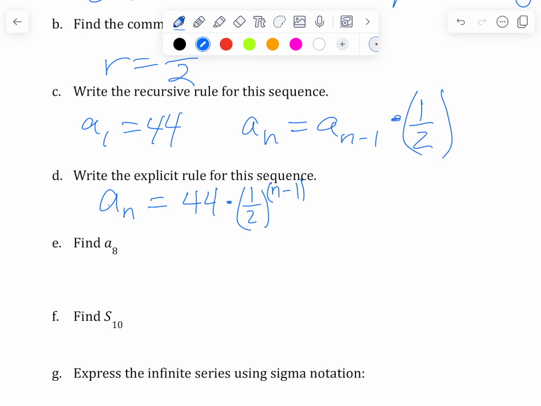To find a sub 8, I just plug it in for n. So I write a sub 8 equals 44 times 1/2 raised to the 8 minus 1. And the calculator is going to do this for me.